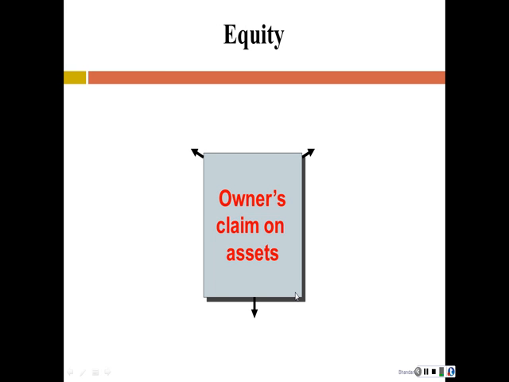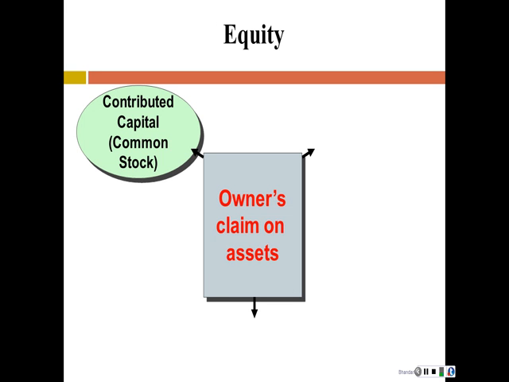Equity, on the other hand, is the owner's claims on the assets, what the owner has at stake in the business. And equity is made up of two components: contributed capital, and for now, to keep it simple, we'll call it common stock, and retained earnings. So the two components of equity are common stock and retained earnings.